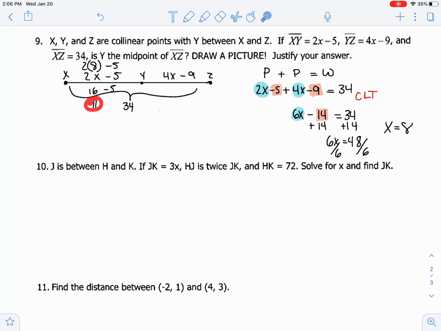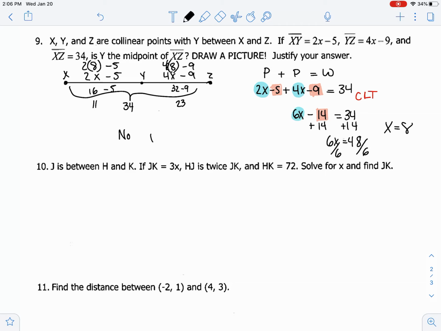Well, I already know that 11 is not half of 34. We can plug into the other side. 4 times 8 is 32 minus 9. 32 minus 9 is 23. That's correct.